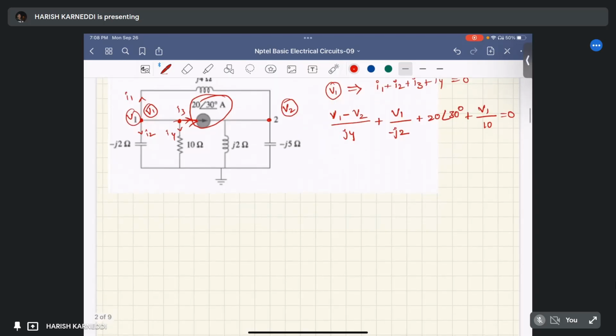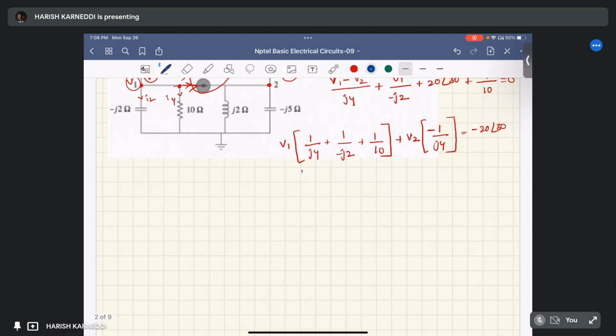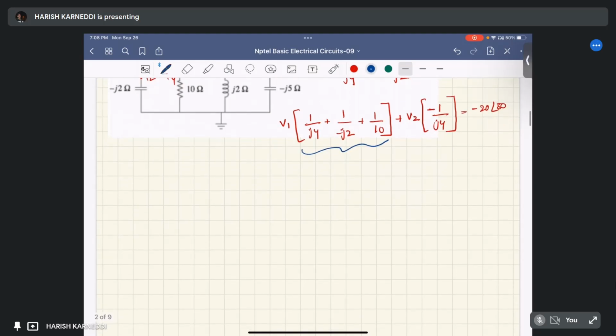We can write the V1 terms together: 1 by j4 ohm plus 1 by minus j2 ohm plus 1 by 10, plus the V2 term, which is minus 1 by j4 ohm, equal to minus 20 at an angle of 30 degrees. What is the equivalent of this term?